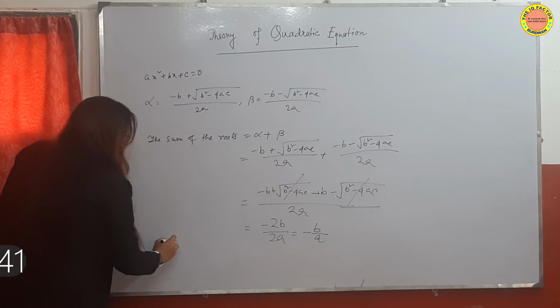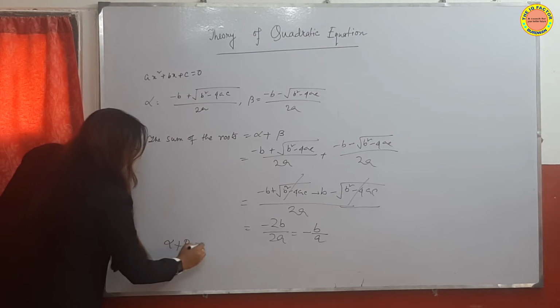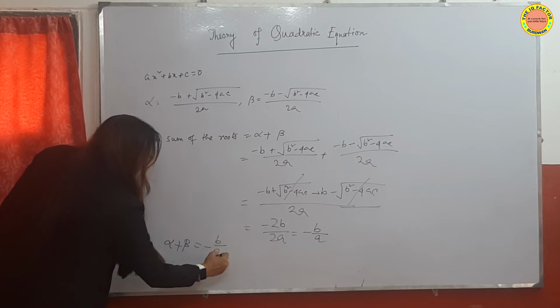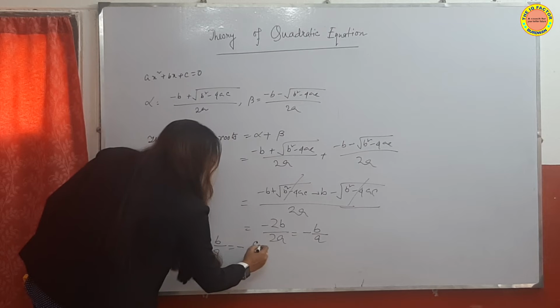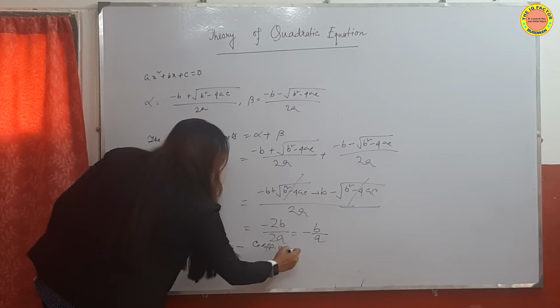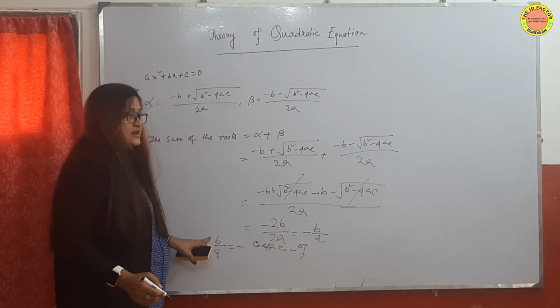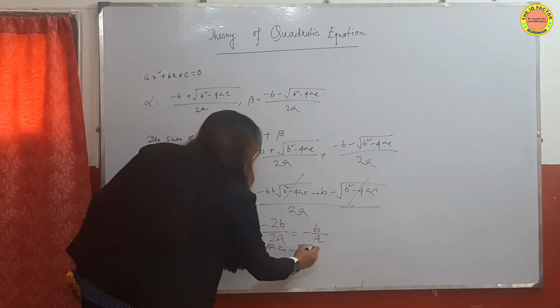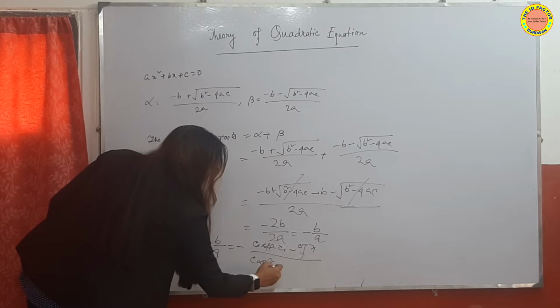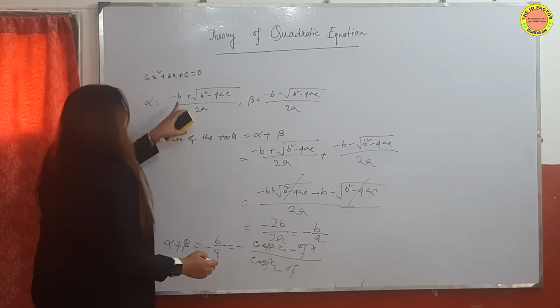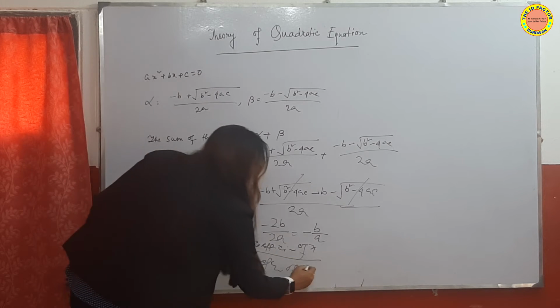So alpha plus beta, the sum of the roots, is minus b by a, or we can write minus coefficient of x, since b is the coefficient of x, by a, the coefficient of x square.